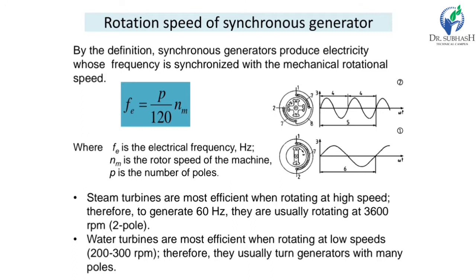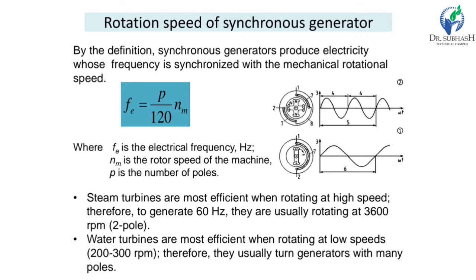To calculate the speed of an alternator which has 4 poles and a frequency of 50 Hz, the speed is given by the relation Ns is equal to 120 f upon P. Here f is equal to 50 Hz and P is equal to 4 poles. So Ns is equal to 120 into 50 upon 4.